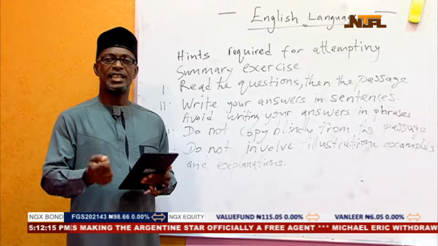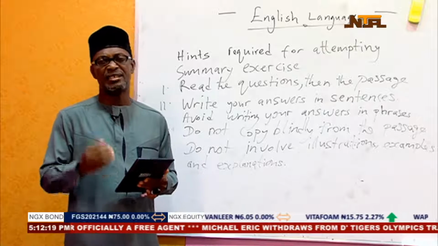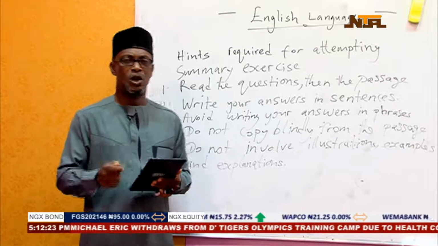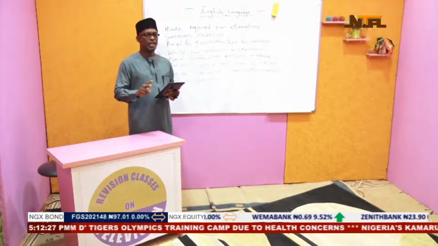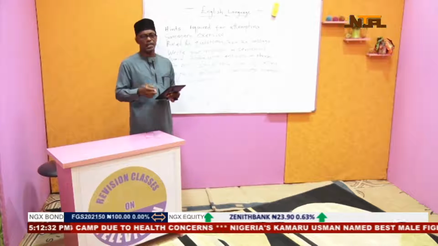You are recalling the answers from the passage, and they must be in sentence form. They must be in sentence form and not in phrases. Our answers, the approach is either 2. You use one or the other.